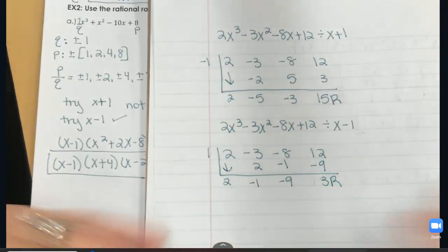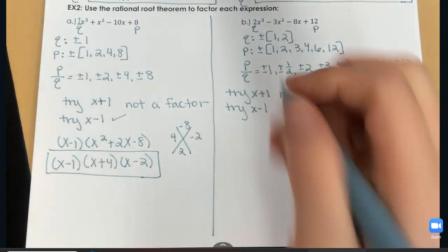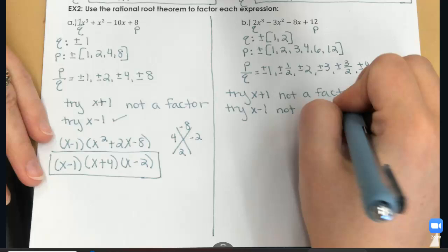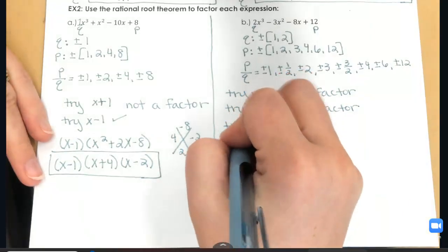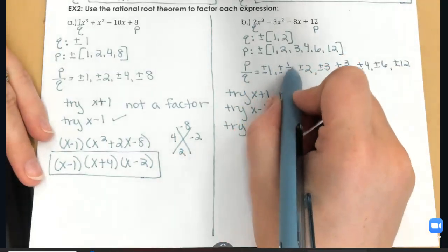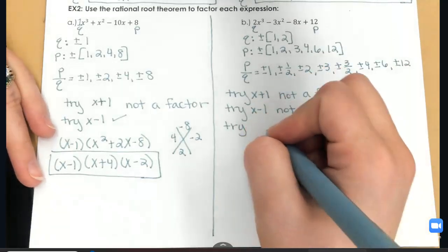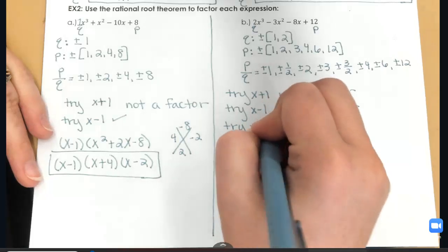And again, got a remainder that's not 0, so that one is also not a factor. So now, I can't use a fraction for synthetic division, so let's move on to my next whole number, which is 2. Let's try x plus 2.